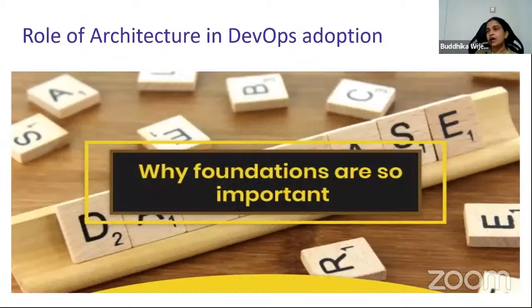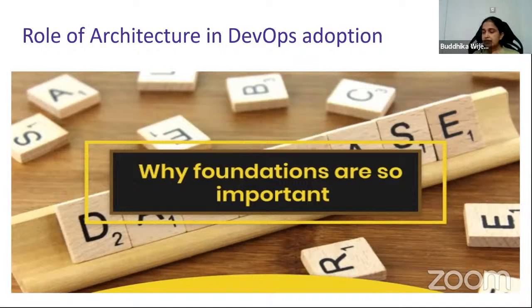Okay, so moving on to our second section, where we are going to discuss the role of architecture in DevOps adoption. The enterprise architecture or product architecture is the foundation or the core of the software product. So having a proper architecture setup which responds positively to change is very important for the growth of an organization.